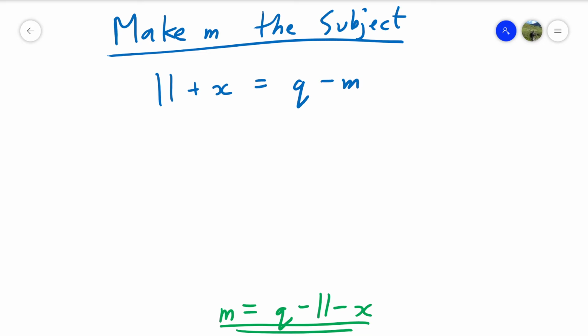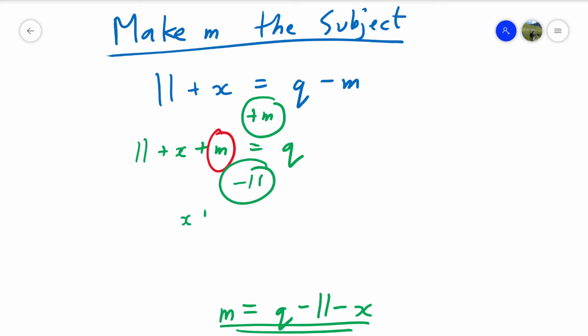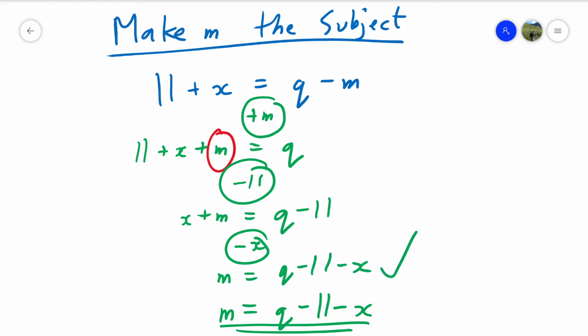It really bugs me. So I'm going to add m to both sides. So it gives me 11 plus x plus m equals q, because obviously I'd have minus m plus m, which cancels. So I now need to shift everything away from m, because I want m to be on its own. So I'm going to minus 11 from both sides. So that means x plus m equals q minus 11. Now I'm going to minus x from both sides, because that gets rid of the x. So m equals q minus 11 minus x. Ta-da!